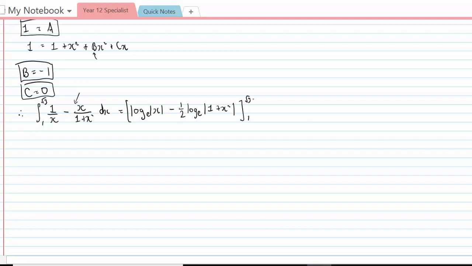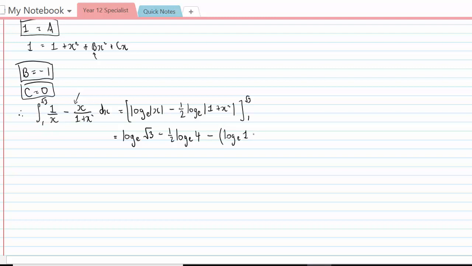So now we can just substitute our terminals in. We do the upper terminal first. So that's log e of the square root of 3, because modulus of the square root of 3 is just root 3. Minus half log e of, now that's going to just become 4. Minus, and then we sub our other terminal in, we get log e of 1.